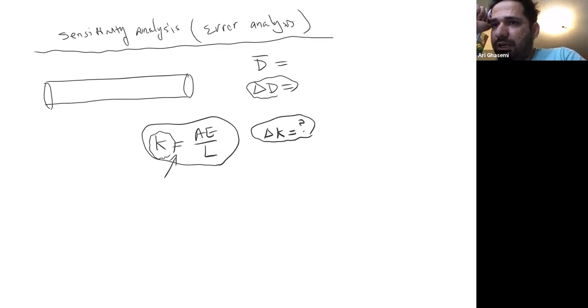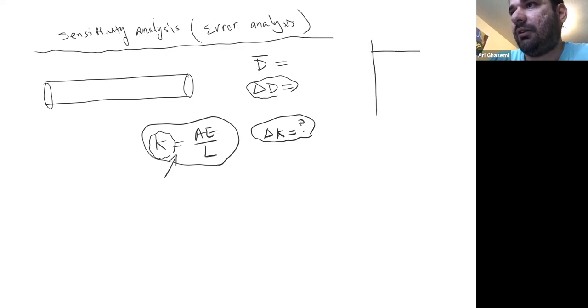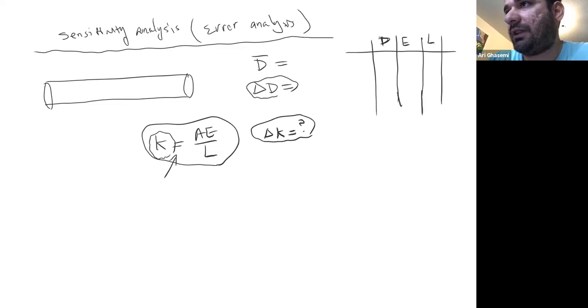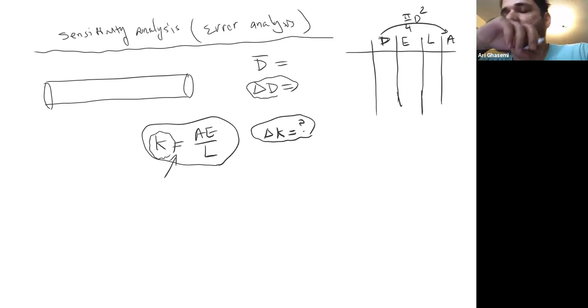The question here is, if I have this pipe and somehow I generate different data for diameter, let's put it in this table: diameter, E, and length. And because I have diameter, the last column I have is A. The A is simply pi over 4 D squared, right?